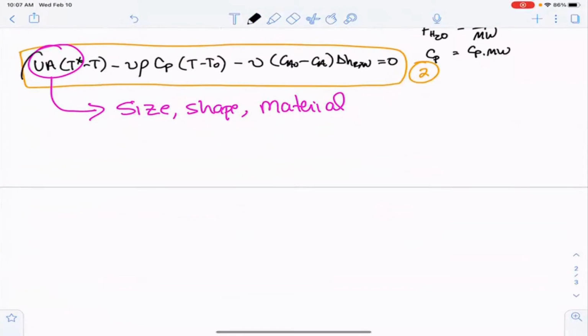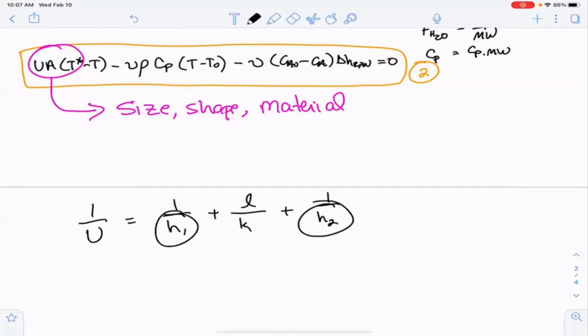So we know a relationship for U: 1 over U is equal to 1 over the thing we call H1 plus the length over kappa. I'm almost out of Ks, so I'm going to use this little kappa, so I don't confuse it with our K1. Plus 1 over H2. And if you remember, H1 and H2 are the convective heat transfer coefficients for the fluids on either side of the walls.